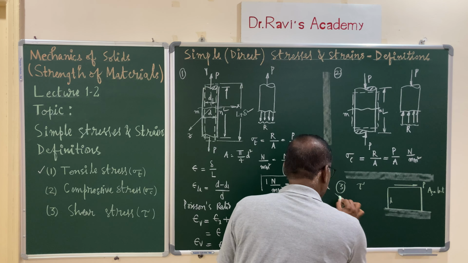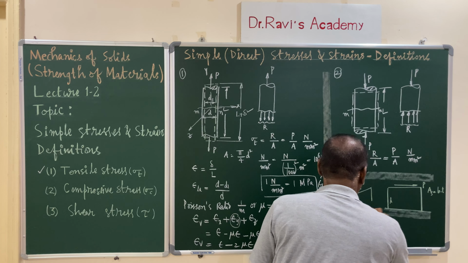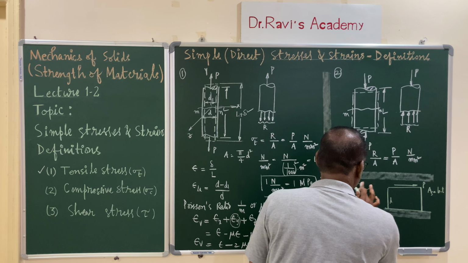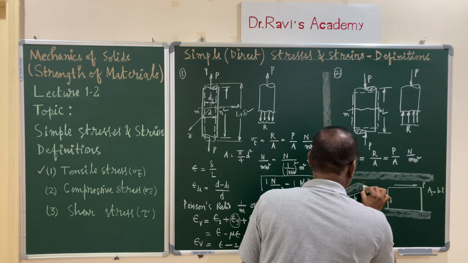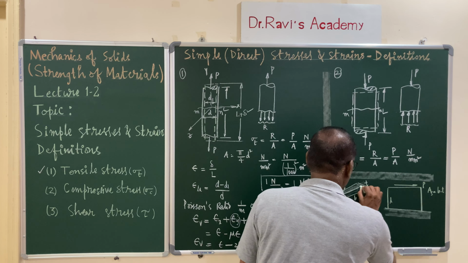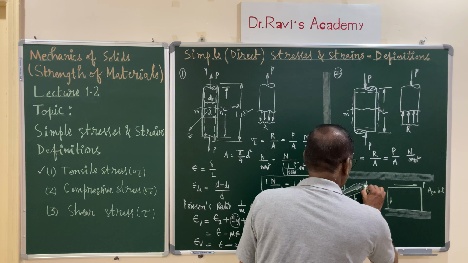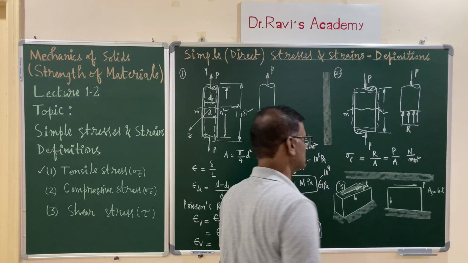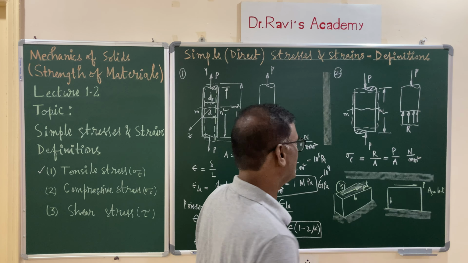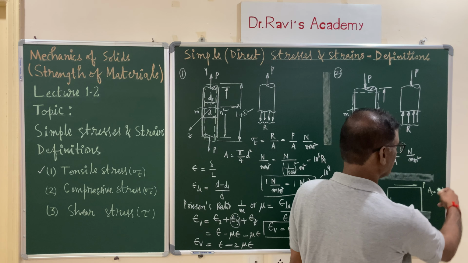It has dimensions of B and T, this is B and thickness is T, and load is acting along the area. This is the tangential load P, and here it is fixed. This is the configuration diagram, and when the load is acting tangentially, the shearing area is BT.